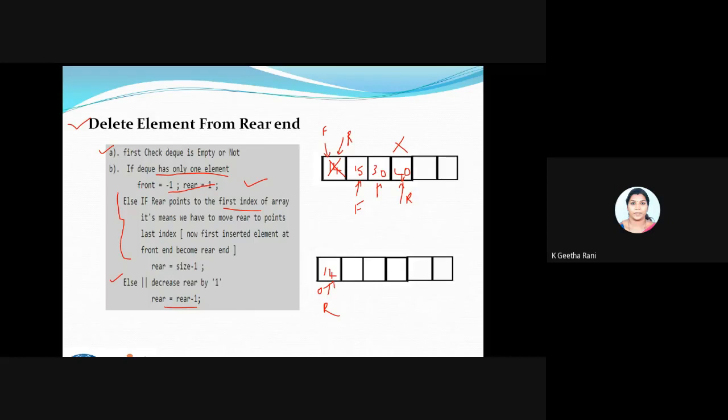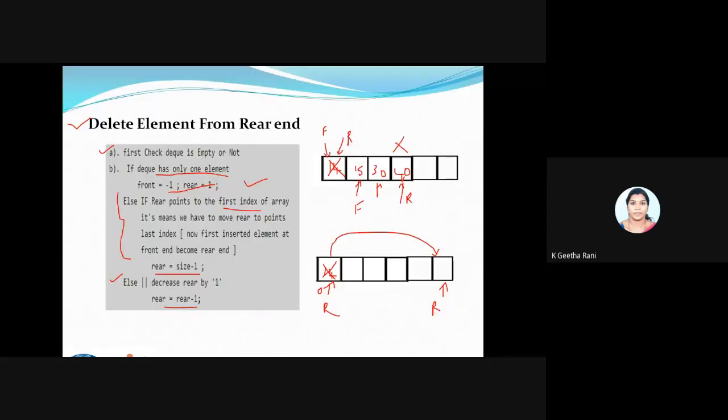After deleting, the rear pointer will automatically change. So I'm going to give the term rear is equal to size minus 1. After deleting, your rear will be decremented, so the rear pointer will move to the last position. Now this will be the rear pointer for us.